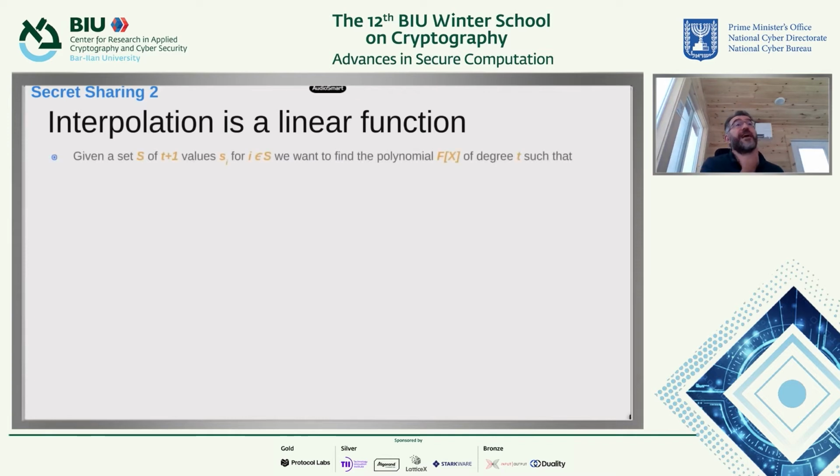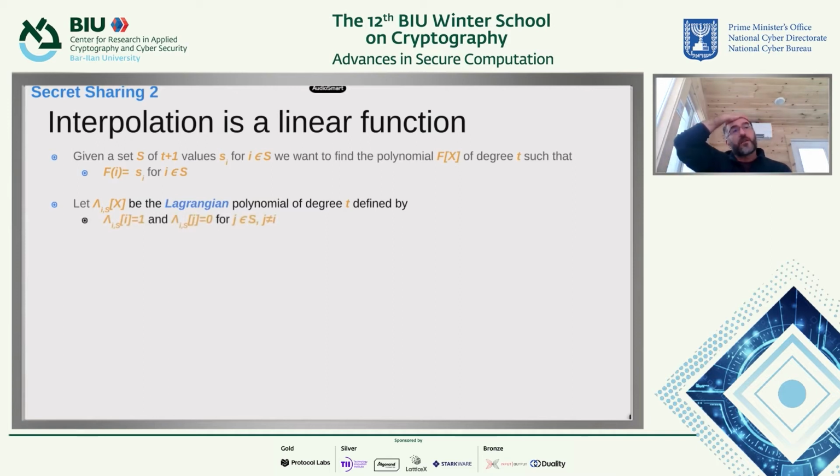If you're given a set of t+1 values on the polynomial and you want to find the polynomial that agrees with those values, you can use Lagrange interpolation, where the Lagrange polynomial is of degree t, defined by being 1 at point i and 0 everywhere else. Then your polynomial f is the linear combination of these Lagrange polynomials with weights the shares, right?